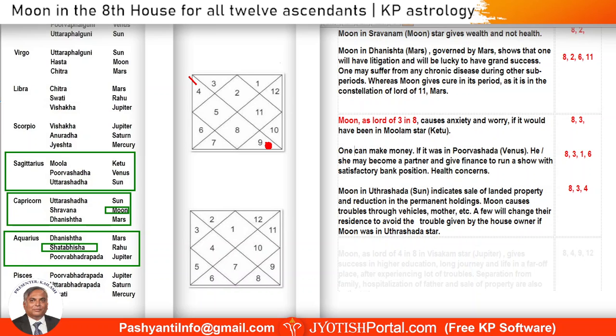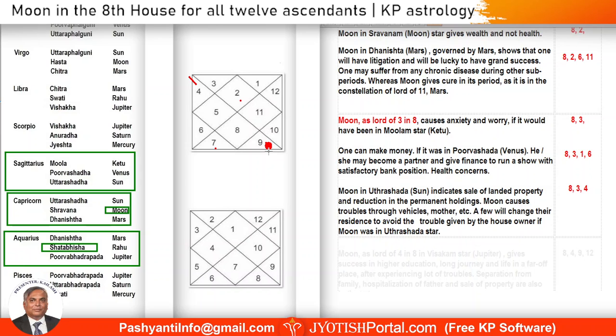If you look at Moon in the star of Venus, then this particular combination, the 1 and 6, because Venus is the ascendant lord, and it is also the lord of the sixth sign and the sixth house.